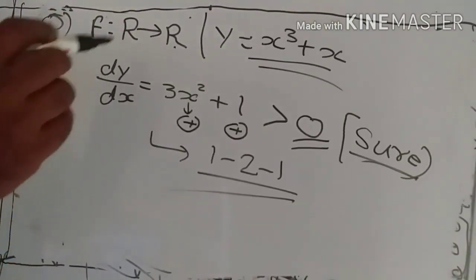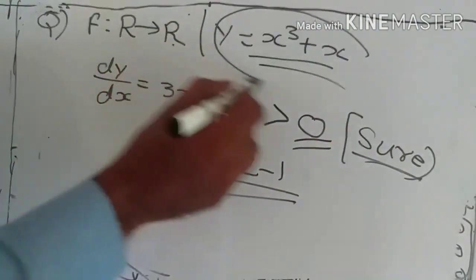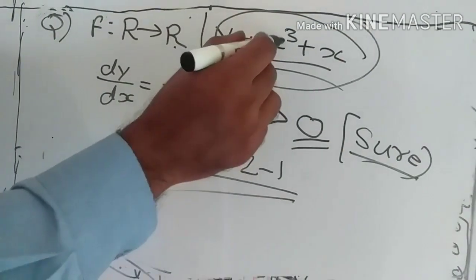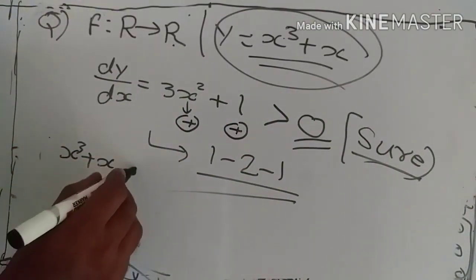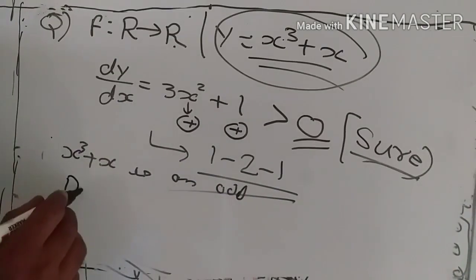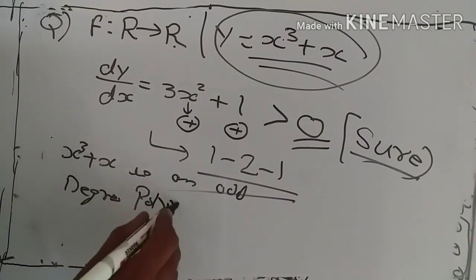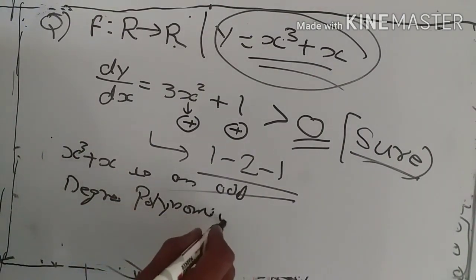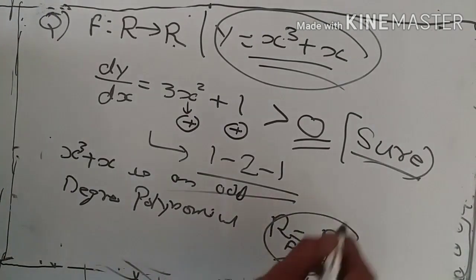Now, what's the range of the function? Since y is an odd degree polynomial, x cube plus x is an odd degree polynomial. So range is equal to the set of real numbers.